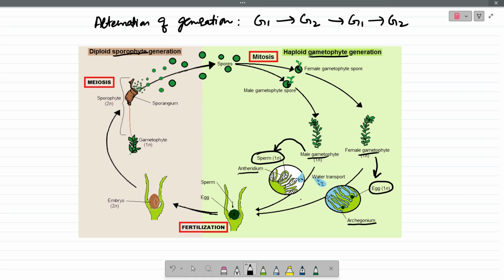How does that fertilization happen? The sperms are transported to the egg via water. That's why these bryophytes are also called amphibians of the plant kingdom. This water is necessary for fertilization in these organisms. So one sperm here, as you can see, reaches the egg and results in the formation of a diploid cell called a zygote, which gives rise to an embryo.